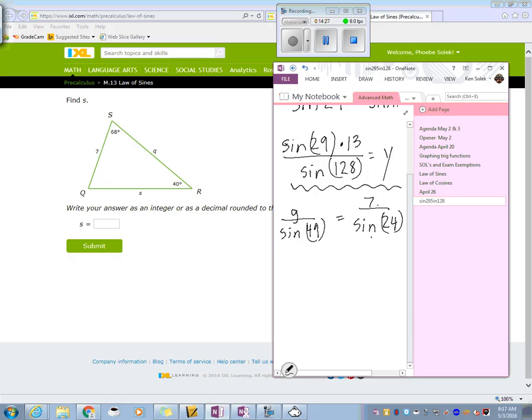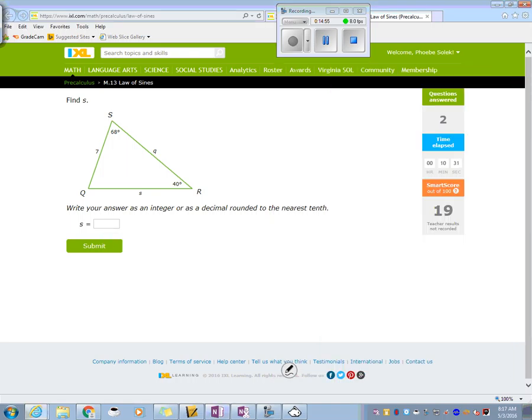Remember that all three angles must add to give you 180. So if you needed Q because it was looking for little q, you would need to use the triangle sum theorem. Okay? So again, once your score gets a little higher here, they are going to ask you to do a little more thinking.